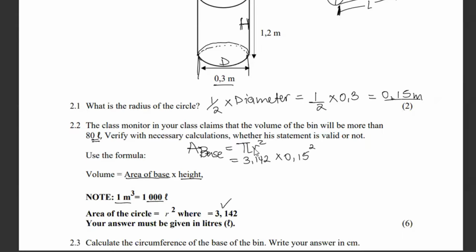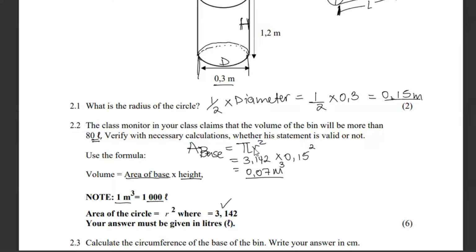It has to be squared. Times 0,15, you square that and it becomes 0,07 meters cubed.